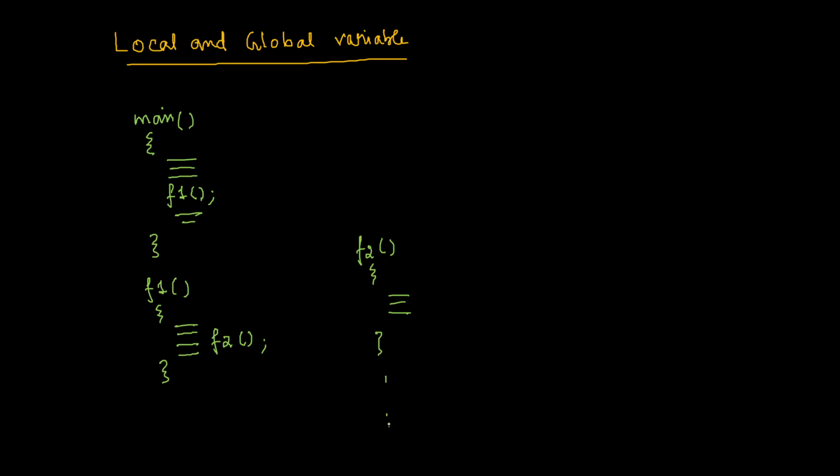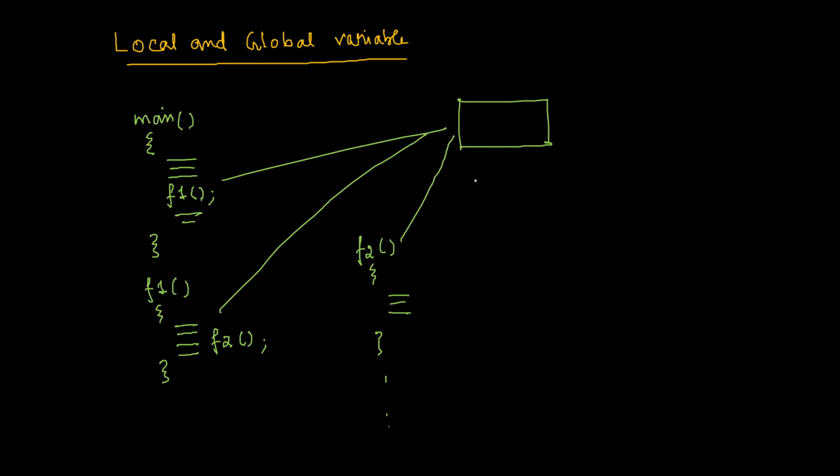So I can have n number of functions in a program. And suppose I want that each and every function should access a particular memory location. Memory location means some variable.